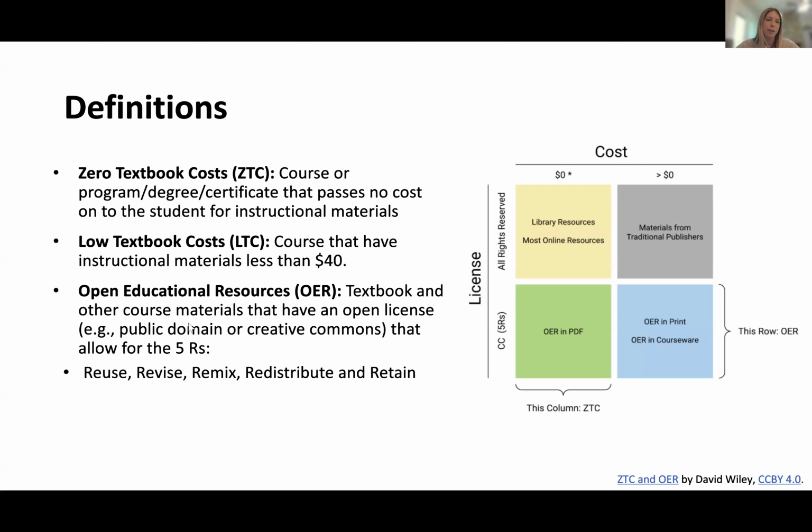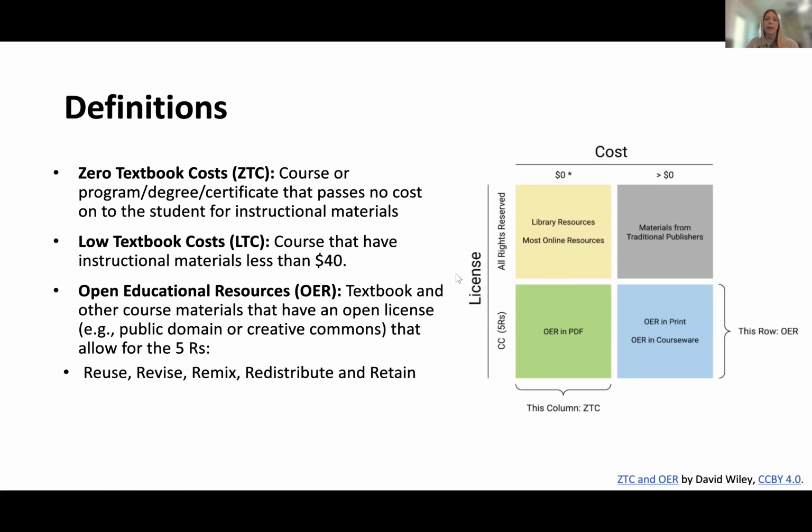And then what we're here to talk about are open educational resources. And these are textbooks and other course materials that have open licensing that allows for people to reuse them, remix them, revise them, and use them usually for free. So while most OERs are ZTC, they're not the same exact thing. There are other ways things can be ZTC, and sometimes OERs can actually cost money.